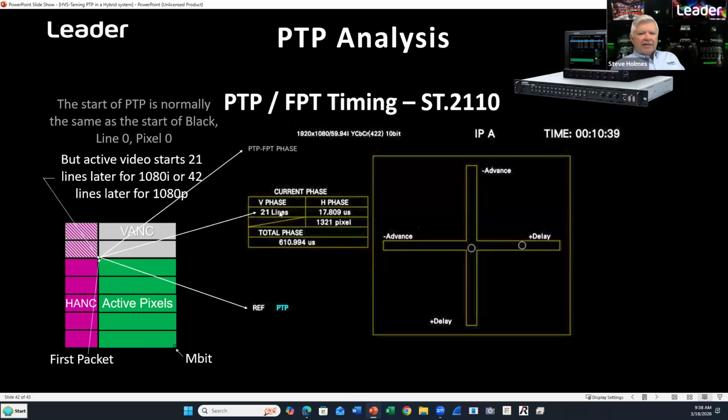But again, since it's at the same time as when the video was created, in this case, this one is exactly 21 lines out, so that I know that my video that is being processed is going to be processed perfectly in time with anything else that I have in my house.